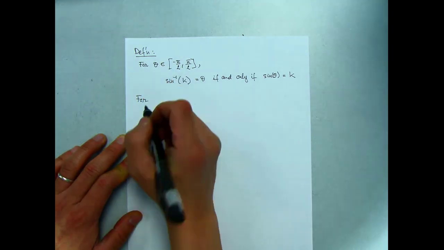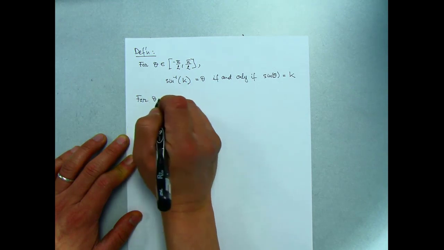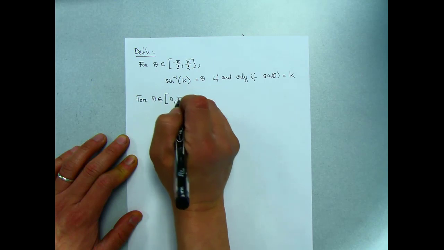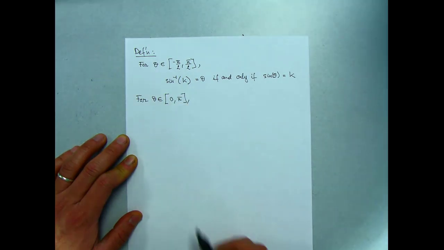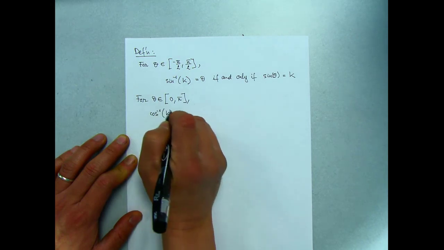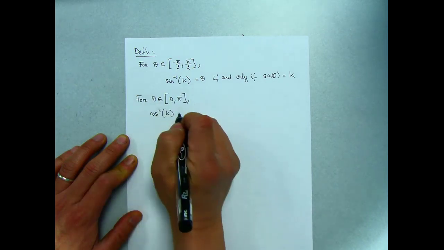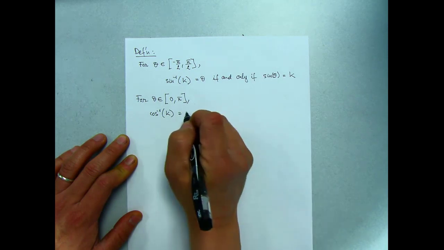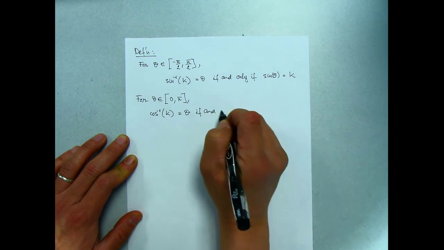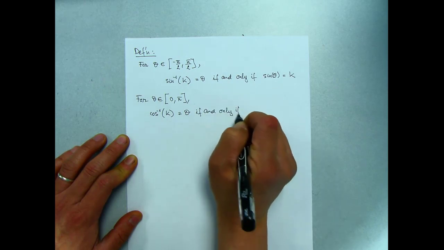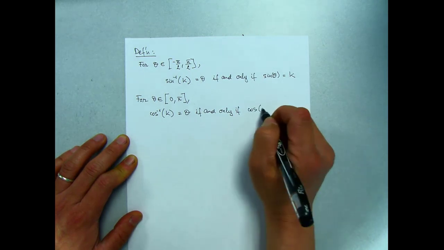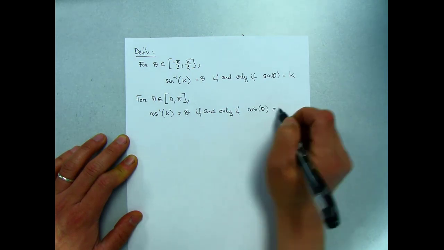Now further, for angles restricted to the interval from 0 to pi, we define the cosine inverse operation. So cosine inverse of a value k coming out as an angle theta means the same, if and only if, cosine of theta equals k.